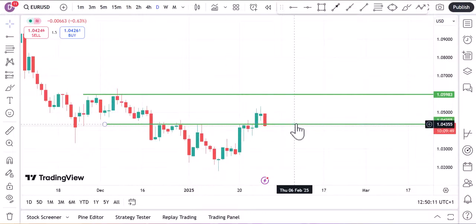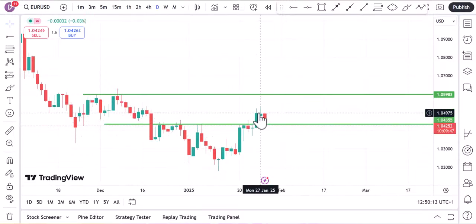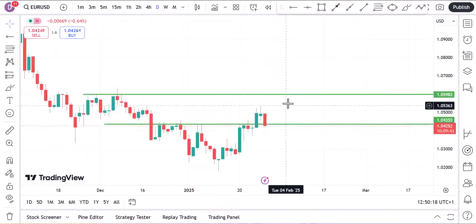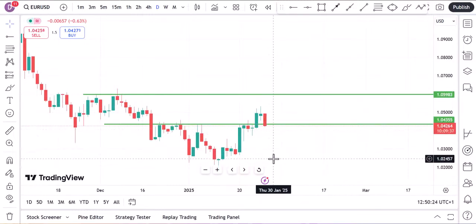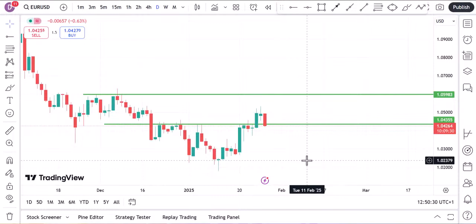This is the resistance of the supply level. The structure was broken, and now the question is, is the market coming back to retest before going to 1.05983, or will it continue down to this support level around 1.02457? So that's what we'll be looking at this afternoon on Euro USD.